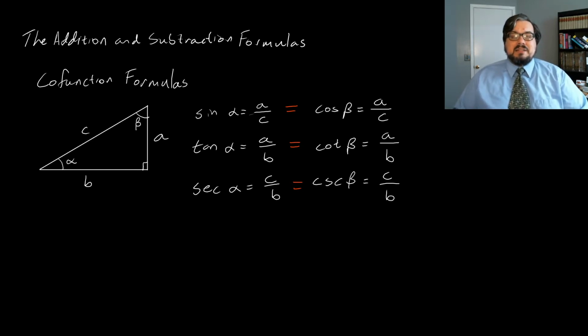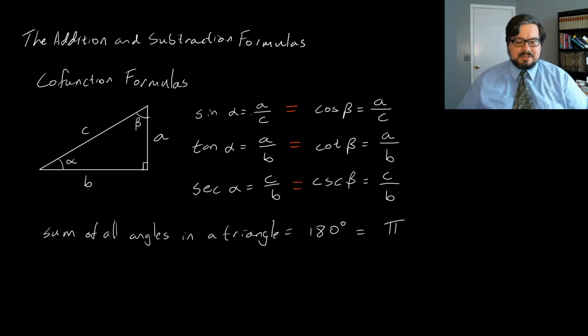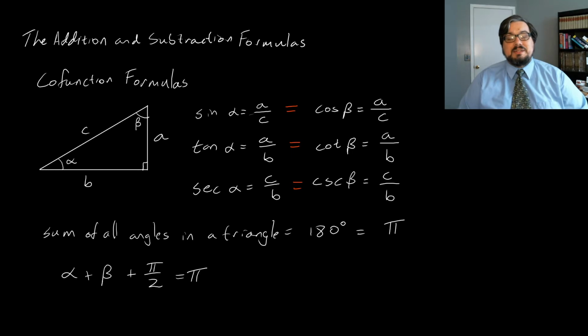We can express this formula algebraically in the following way. We know that the sum of all angles in a triangle is 180 degrees, which is pi radians, and we want to work with radians here. Now, this means that alpha plus beta plus pi over 2 equals pi. And pi over 2 is there because pi over 2 is the radian measure of a right angle.